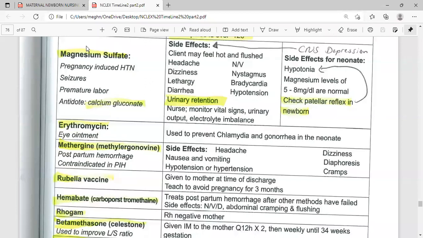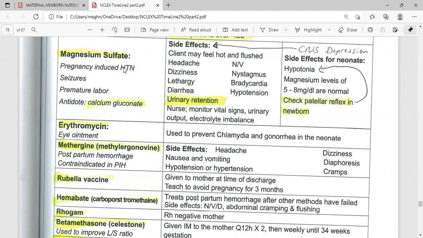So first of all, we use magnesium sulfate in pregnancy-induced hypertension, right? If mother has it, they can see hypertension, weight gain or edema developed, and proteinuria.